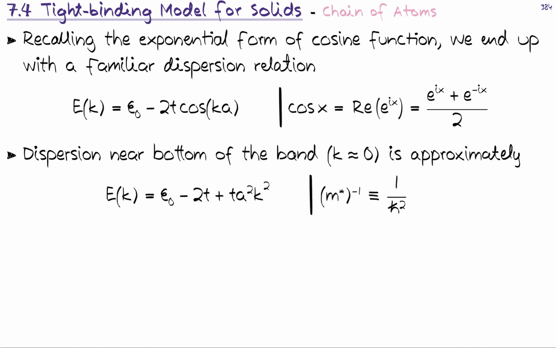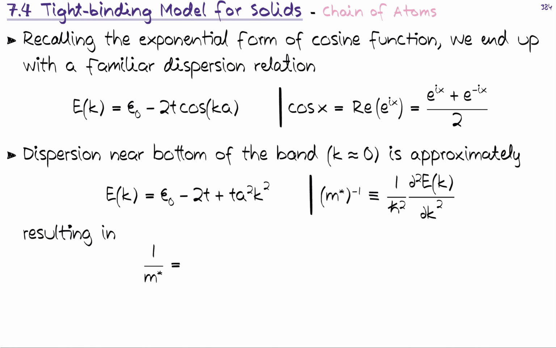The effective mass m star, or the inverse of that, was defined to be 1 over h bar squared, multiplying the curvature of the energy, so essentially the second partial derivative of the energy with respect to k. Now we can estimate what this effective mass, or the inverse of the effective mass, looks like.